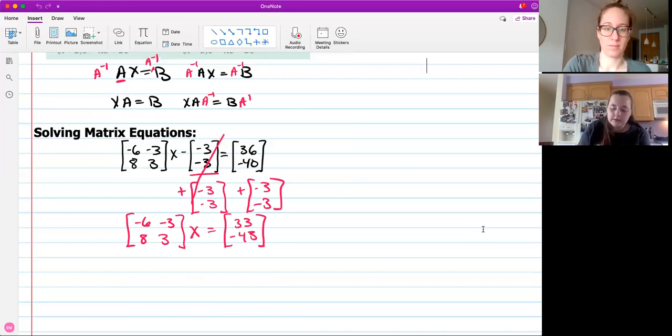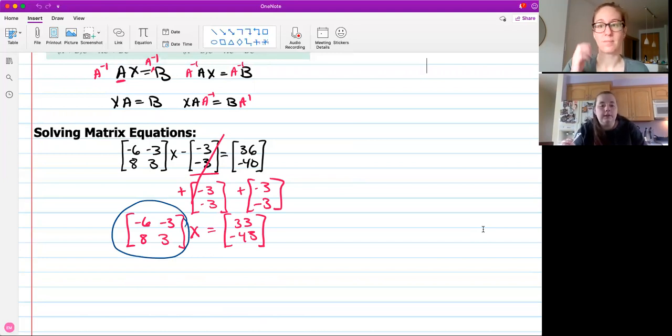Okay, so the next thing that we need to do is we need to find the inverse of this matrix, because remember, in a typical equation, we would have both sides be divided by whatever that is, and then we would get our answer. But remember, division doesn't really work here, so we're gonna find the inverse matrix. So the first thing we need to find is the determinant.